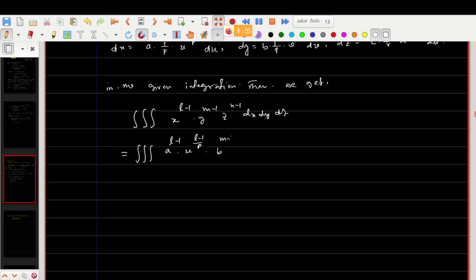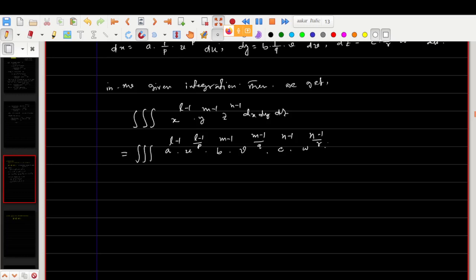Similarly b power m minus 1 v power m minus 1 by q, and c power n minus 1 w power n minus 1 by r.